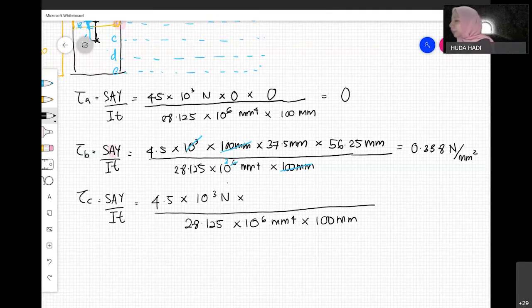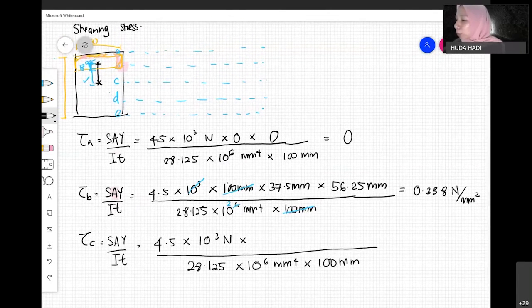So for C, macam mana? So C, I tulis dulu mana area above C, bagi you all faham. So area above C is here. Above C, area mana sebenarnya dia adalah area beam ni, above C. Kita akan kira count on that particular area only. Right. So for area above C, berapa area ni?